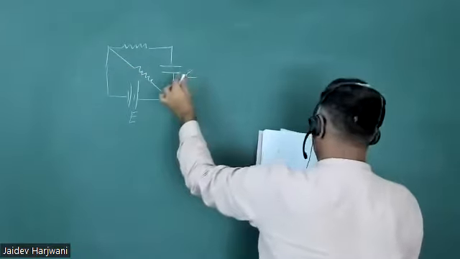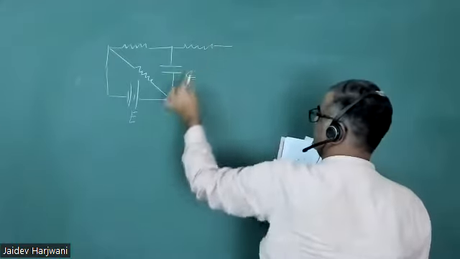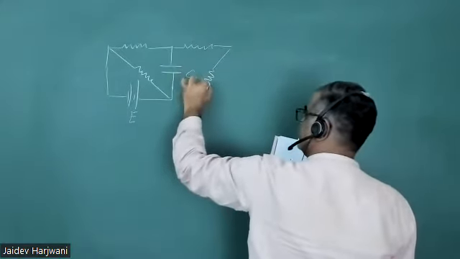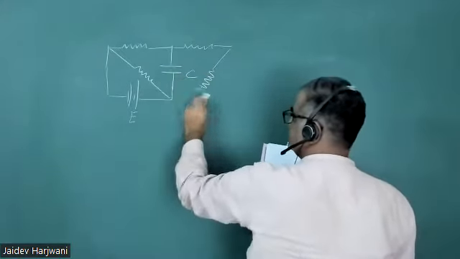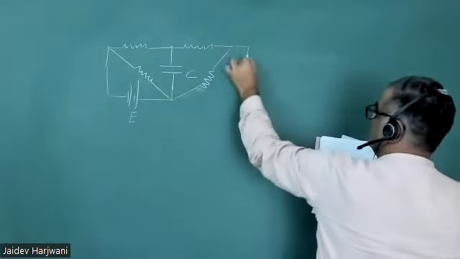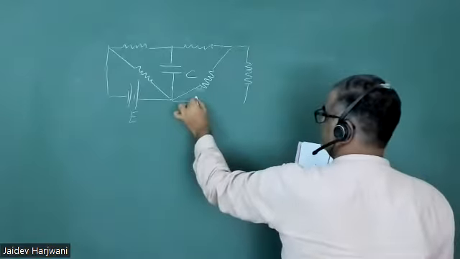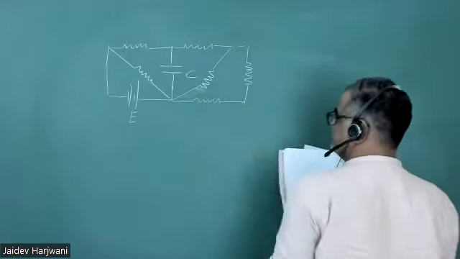This is capacitor C, and here they have connected one resistance here, okay. And then here also one resistance, and here also you have one resistance, okay.